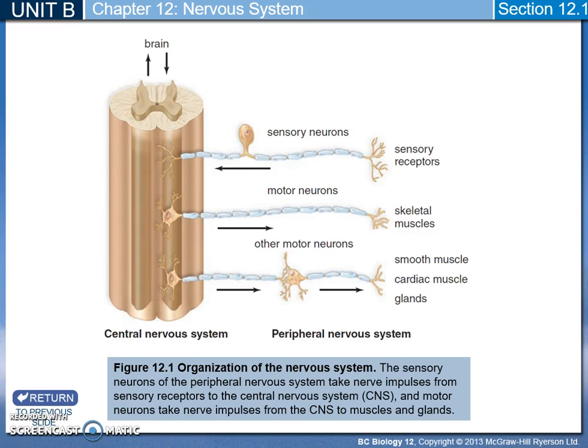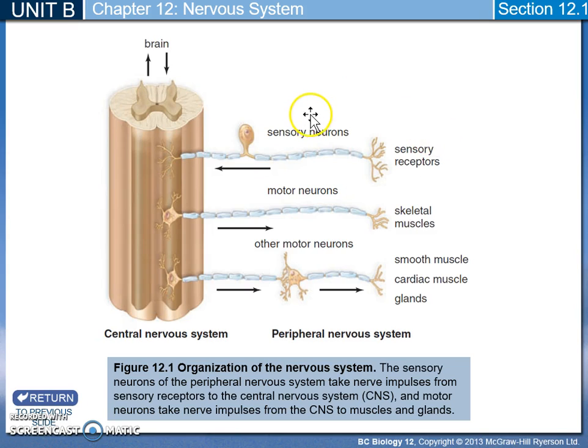So here is a section of the central nervous system, or more specifically, a section of the spinal cord. It's showing the connections that it makes with some of the peripheral nerves, and you see some of the other types of peripheral nerves that we have.